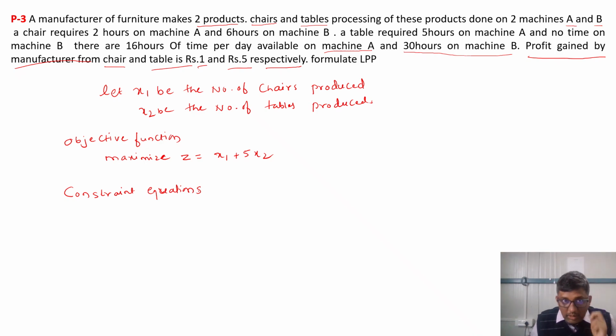One from machine A, one from machine B. For machine A, what is the constraint here?